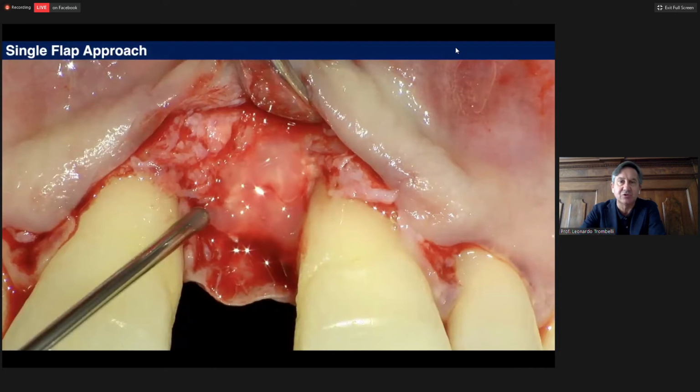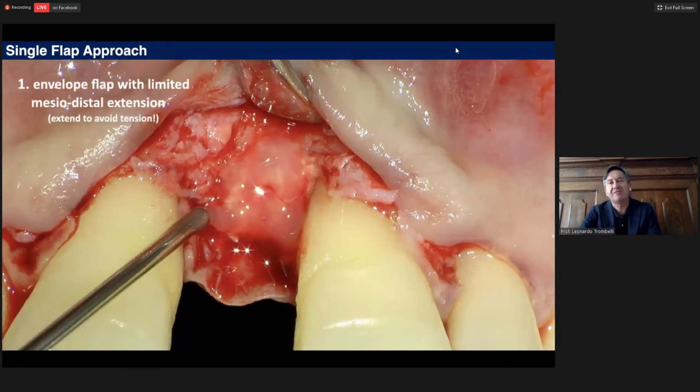There is no time to go through this procedure, but you see the four major characteristics of this approach. Number one, it's an envelope flap without any releasing incision that has a limited mesiodistal extension. Number two, the interproximal supracrestal tissue is left intact.